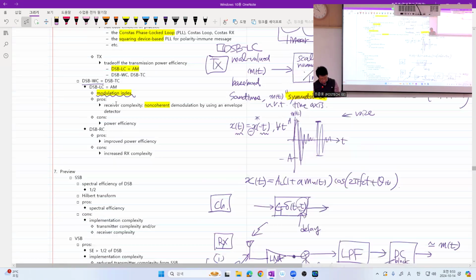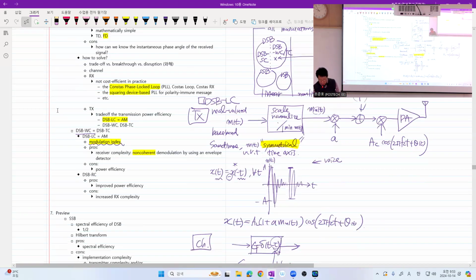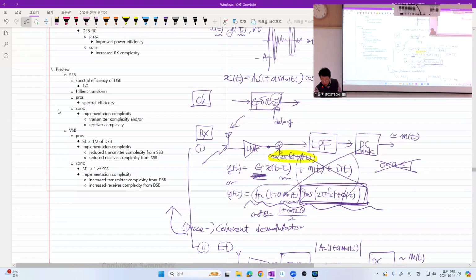Now, let's go back to the question of why we devise the double sideband with large carrier. Because in coherent demodulation, it's not easy to have exact phase coherence, which means the same phase angle at the local oscillator of the receiver and the received signal.